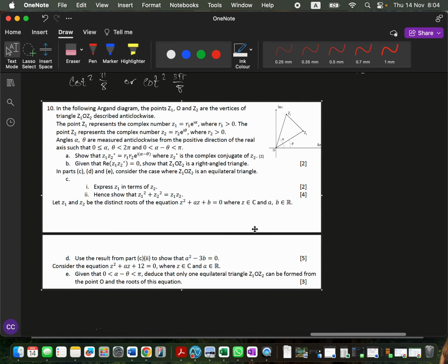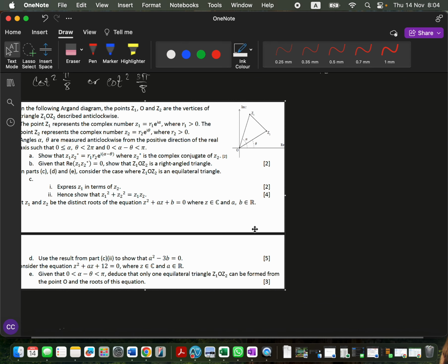The first question asks us to show that if we multiply z1, which is here, by the conjugate of z2, we get that.